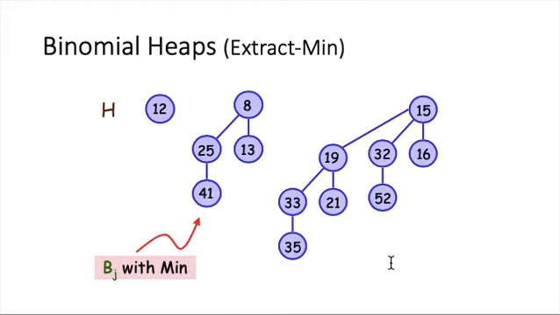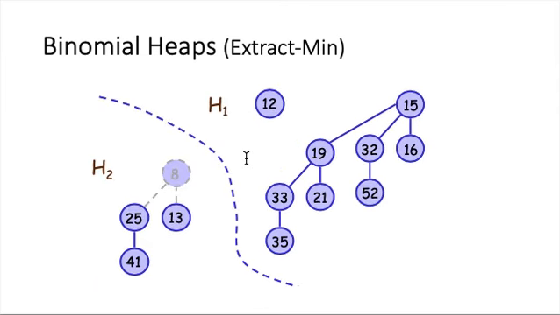Let's say this is the current heap H. By looking at the root nodes, we find that this is the minimum. So this is the Bj that we are going to isolate. At the first step, we isolate this Bj, so H becomes H1, and Bj is separated here. Then we take away the root node of this one.